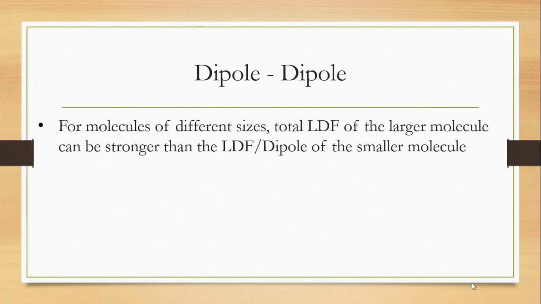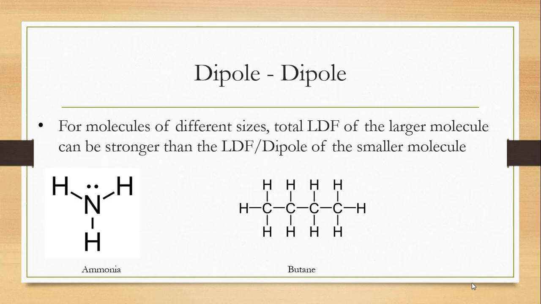Now, for molecules of different sizes, it is possible for the total London dispersion force of the larger molecule to be stronger than the combined London dispersion force and dipole of the smaller molecule. Here we have ammonia and we have butane. The molecular weight of ammonia is 17. That for butane is 58. This is polar. This is nonpolar. Both have London dispersion forces.